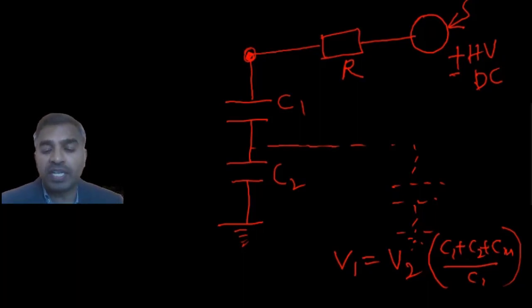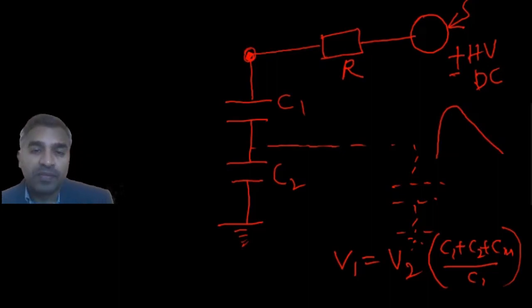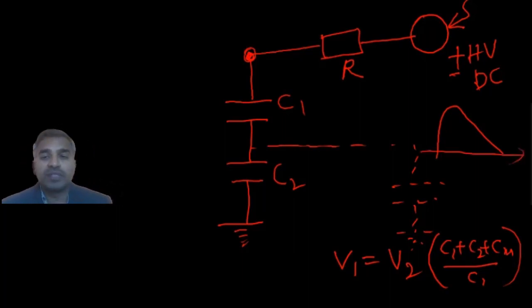Zero frequency means it is DC. Impulse waveform we have studied: standard lightning voltage waveform, standard switching voltage waveform. You don't remember 1.2 by 50 microseconds? Yes, I will remember. 1.2 by 50 microseconds.